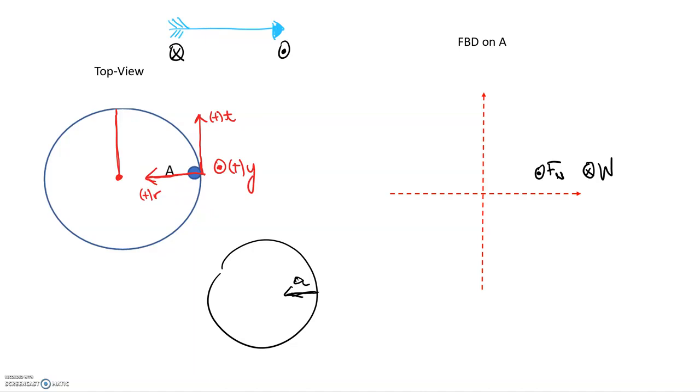If I'm sitting on the merry-go-round, and this may have happened to you before, if you go fast enough, you slide off. But if you go slow enough, you stay right there. So something's keeping you on the merry-go-round. And it's very similar to what we deal with a block on an incline.